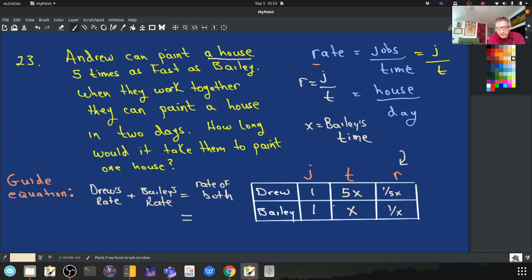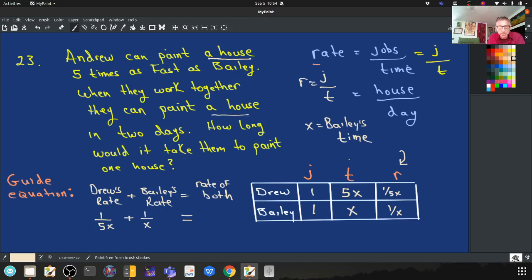Drew's rate is 1 over 5x. And Bailey's rate is 1 over x. And we have to find out from the problem what is the rate of them both? Well, they can paint a house in 2 days.